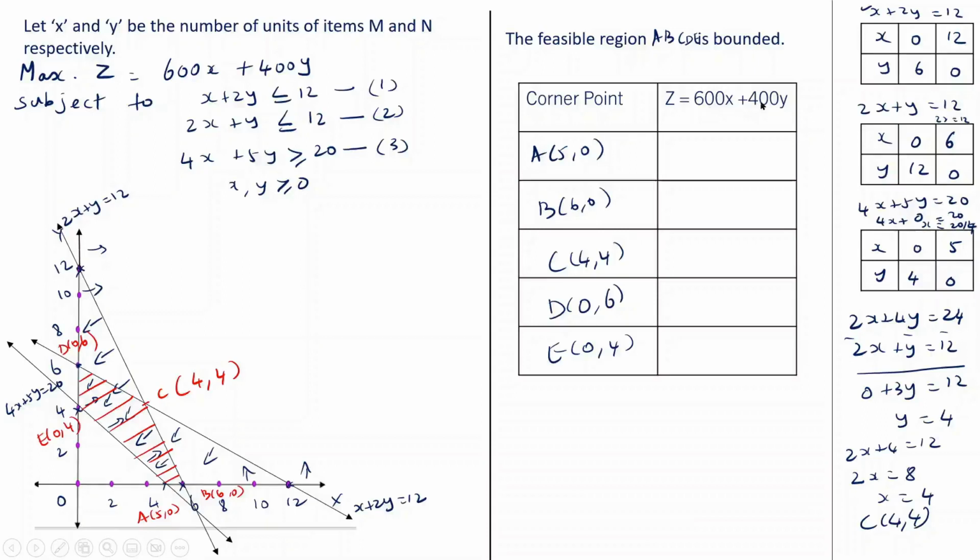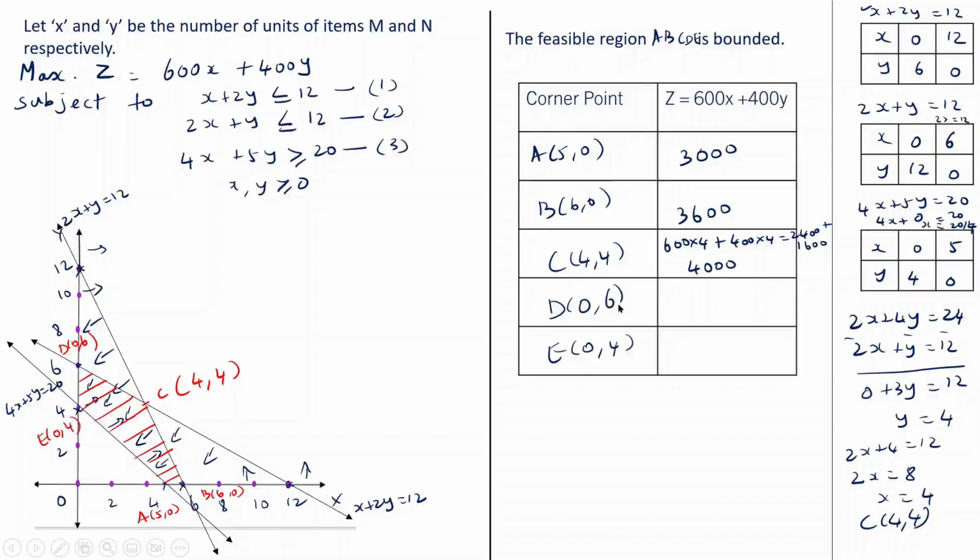So when x is 5 and y is 0, 600 into 5, z is 3000. Then when x is 6 and y is 0, 600 into 6, 3600. And the next point is C 4, 4. When x is 4 and y is 4, z is 600 into 4 plus 400 into 4. So it is 2400 plus 1600, which is 4000.